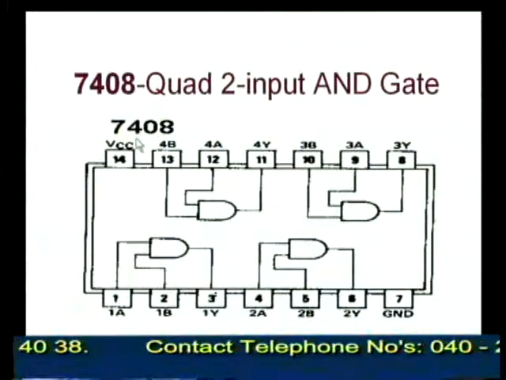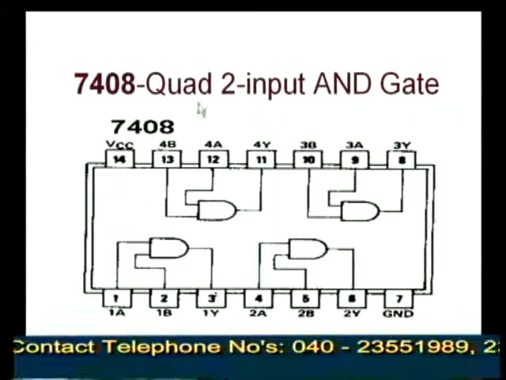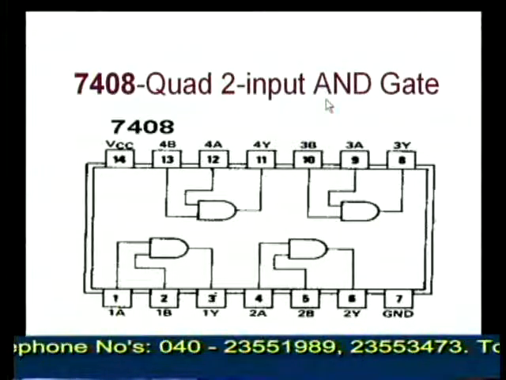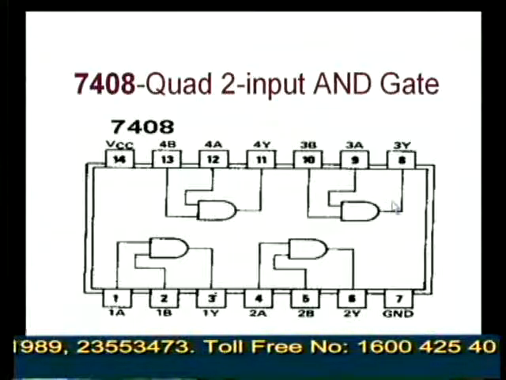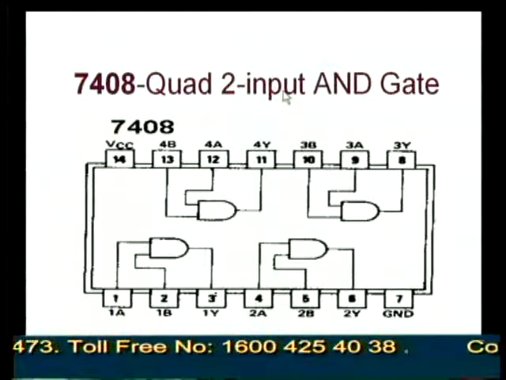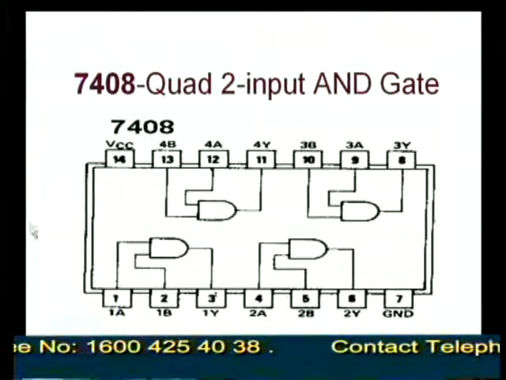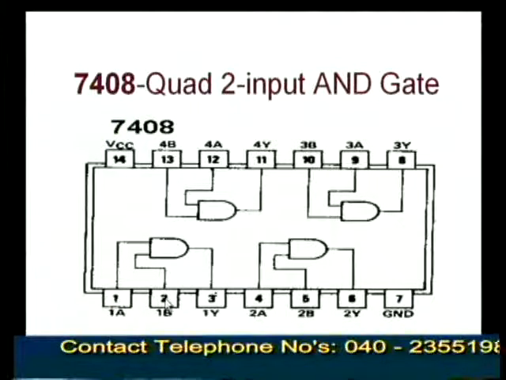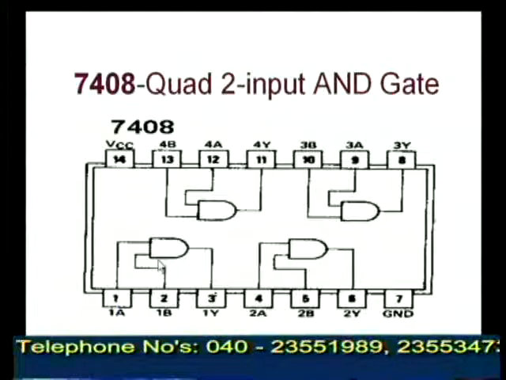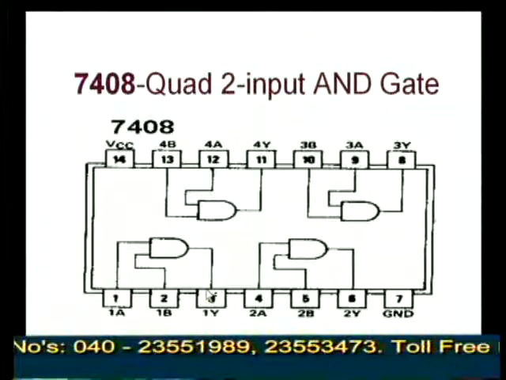The next IC we are going to discuss is about the AND gate 7408. It is a quad 2 input AND gate, meaning that there are 4 AND gates, each of 2 inputs inside this IC. So, starting from pin number 1, 1, 2 are meant for the inputs of the AND gate and 3 is for the output.